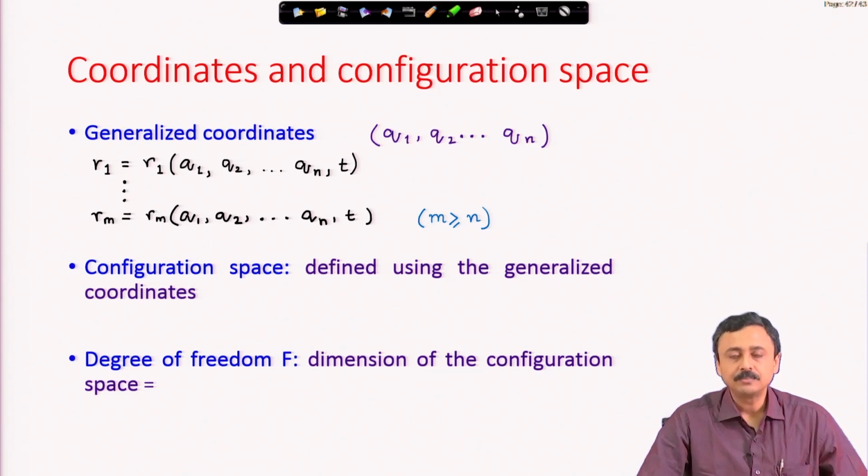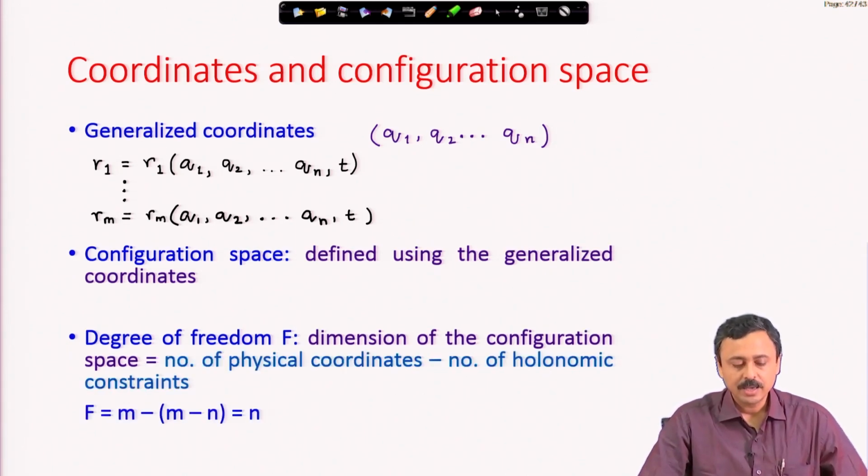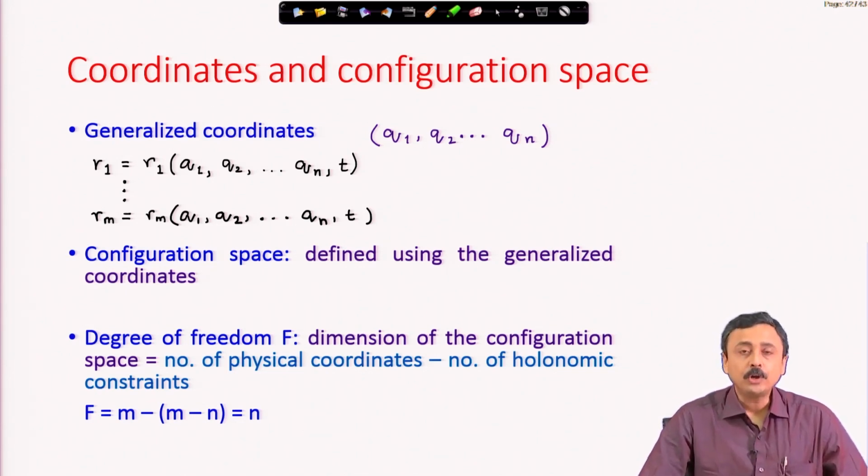The degree of freedom, which is the dimension of the configuration space, is equal to the number of physical coordinates we have at hand minus the number of holonomic constraints. Non-holonomic constraints do not reduce the degree of freedom of a system. For example, the car: we had the rolling constraint of the wheel.